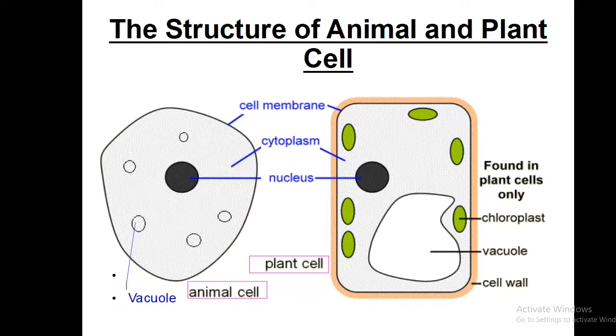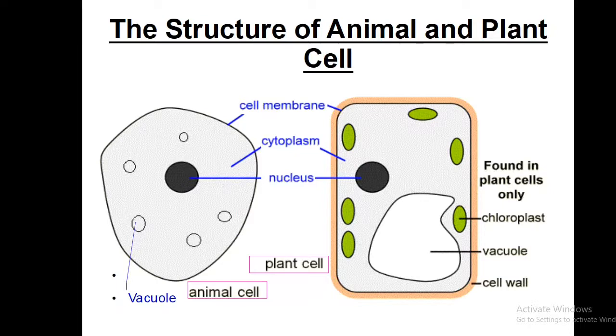The color of the chloroplast is green, and the chloroplast has another name, which is the green plastid. The green plastid is responsible for taking sunlight and changing it into starch. This process is called the photosynthesis process.